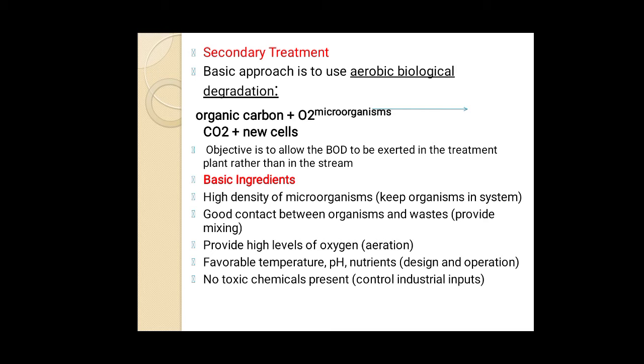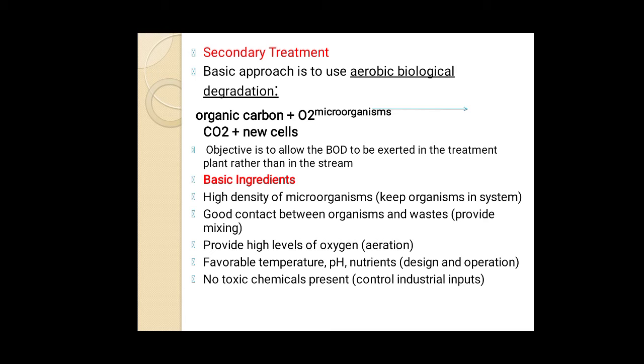In the previous lecture we discussed the aerobic and anaerobic process. Whenever in secondary treatment, sewage containing organic carbon is degraded in the presence of microorganisms and oxygen, it produces CO2 and new cells. Means these are the processes.